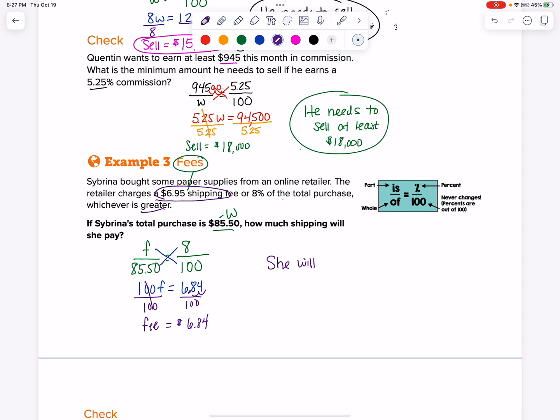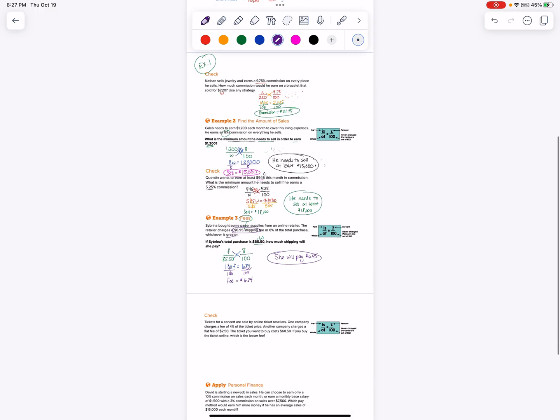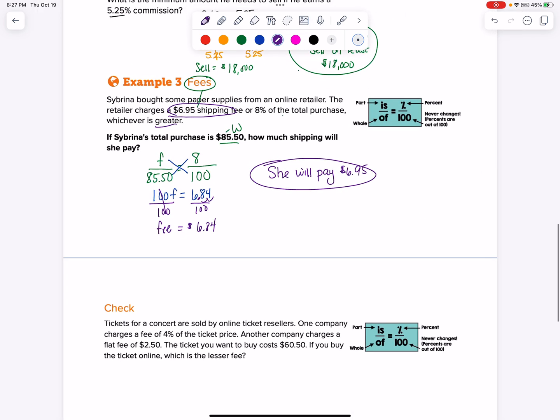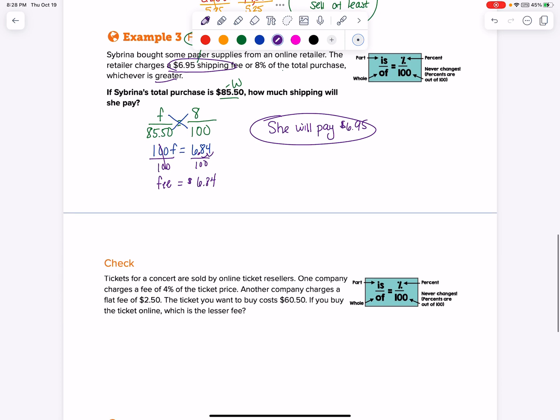She will pay $6.95 shipping because that's greater than the 8%. They're doing that because if you have something super heavy, it would cost a lot to ship. So they're charging 8% of things that are going to be more than $6.95.